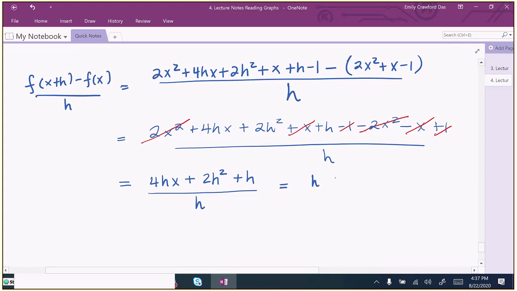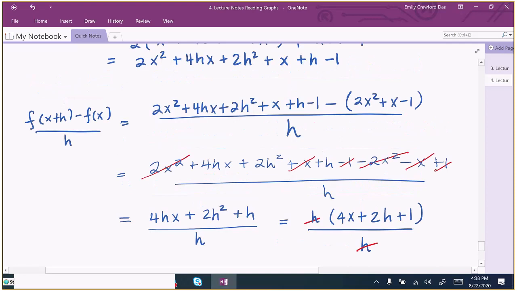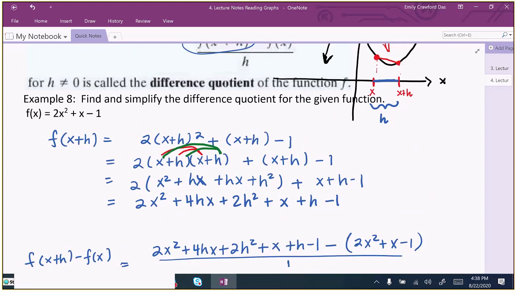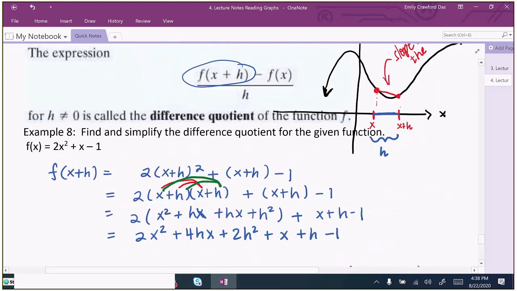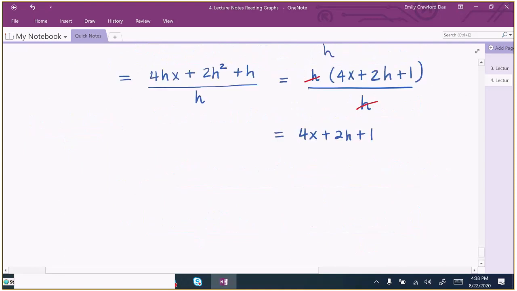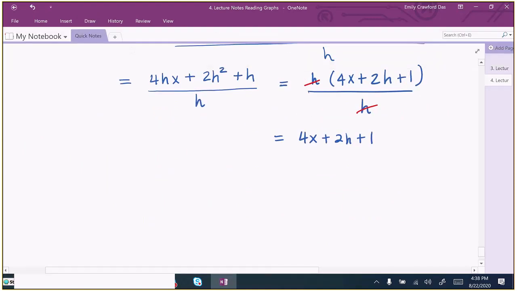I can say this is h times 4x plus 2h plus 1 over h. I just factored h out everywhere. And then I can cancel the h's. So finally I have 4x plus 2h plus 1. So the difference quotient for this function is 4x plus 2h plus 1. And that will be my final answer. So I'll box it off.